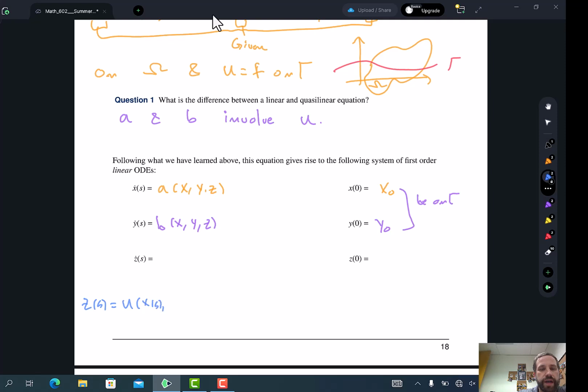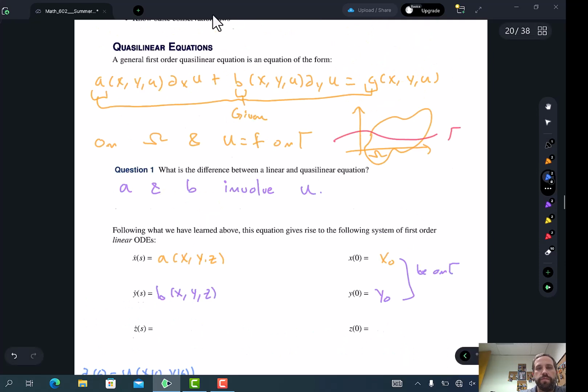I'm already using s up for x and y. This is equal to u of x of s, y of s, and if I do the chain rule, z dot of s is going to be x dot times the x derivative of u plus y dot times the y derivative of u. Okay, well, x dot is a and y dot is b, so this is a times the x derivative of u plus b times the y derivative of u.